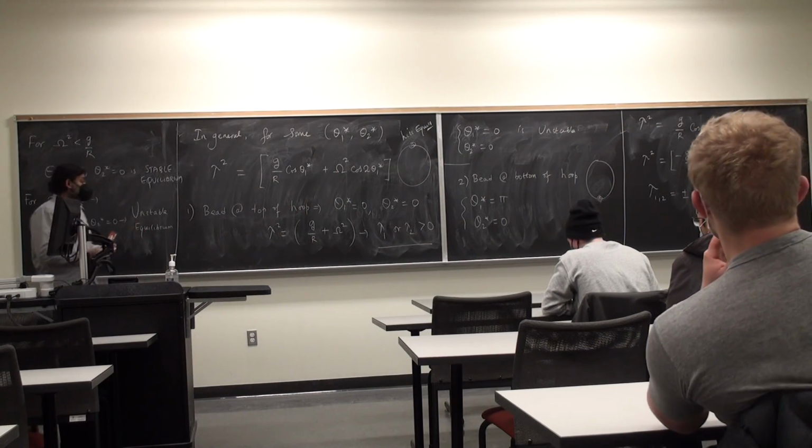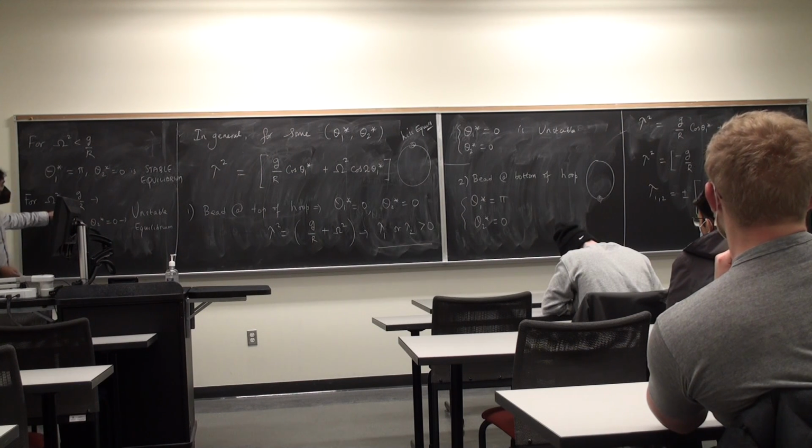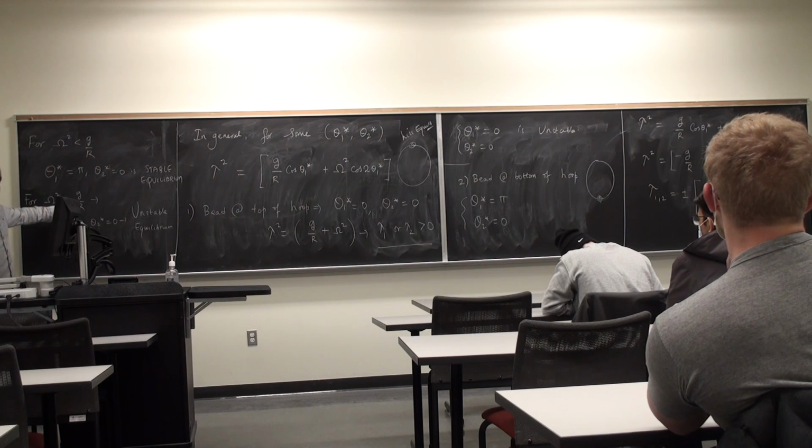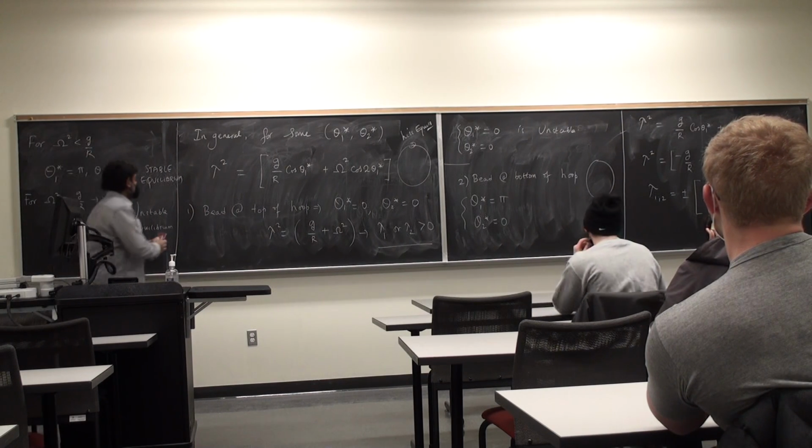What happens is that when omega square is greater than g by r, the second family of equilibrium points kick in. You see, there are two families of equilibrium points, right? Theta 1 star is plus or minus n pi, and then the other one, I'll just write it out.